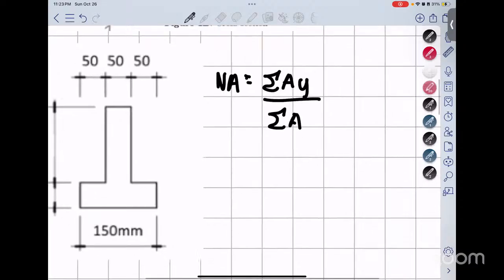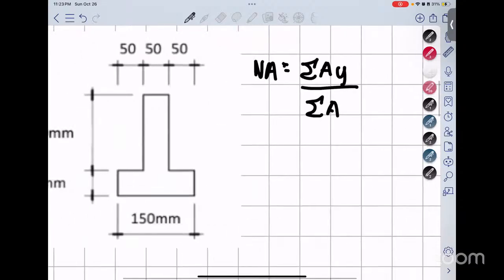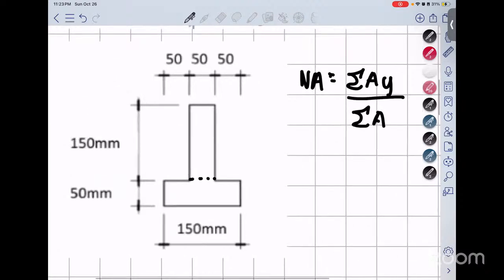So basically just sum the areas. We can split this into simple shapes. We get the area of those, and then we divide it by the total area times the centroid. So let's figure out where the centroids are. Centroid is just here, so this is half of 150. We don't need to worry about x since we're referring to beams.